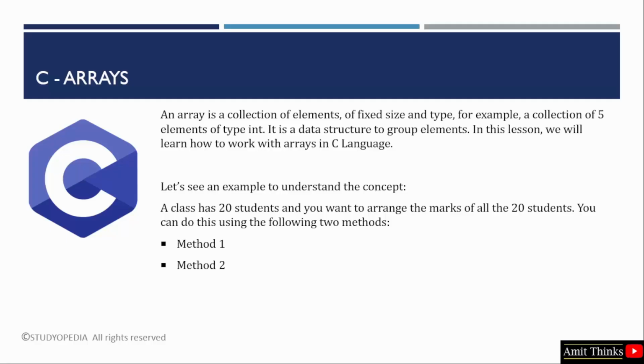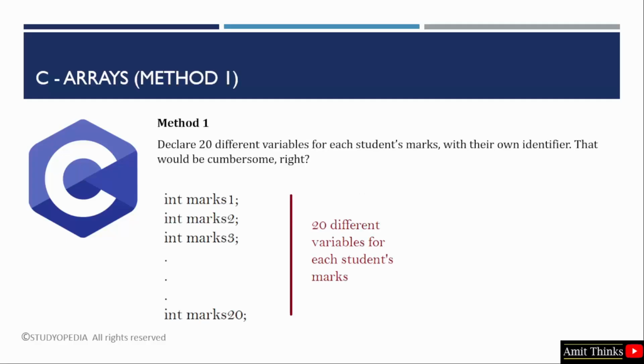Consider you have a class of 20 students and you want to arrange the marks of all the 20 students. So you can use any of the two methods. This will help us in knowing the importance of arrays. Beginning with the first method, in programming you can declare 20 different variables for each student's marks, like shown here: int marks1, marks2, marks3 and it goes on till marks20.